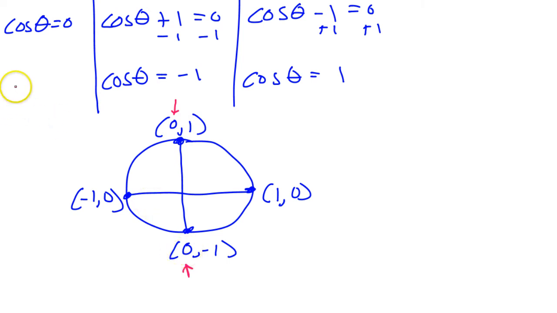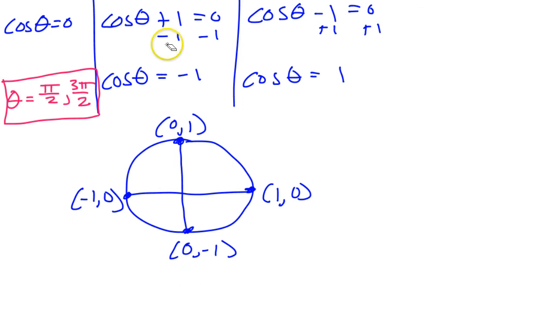So that means I have two solutions so far. All right, I have theta is equal to pi over 2, or 3 pi over 2. Okay, looking at the next one, cosine theta equals -1.